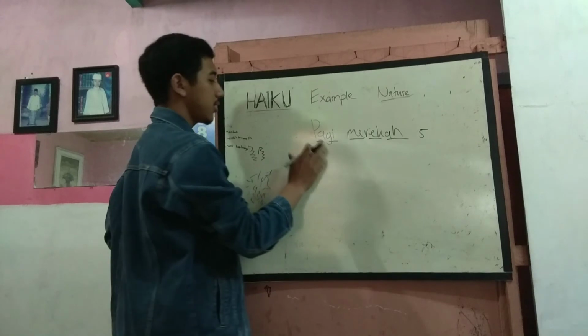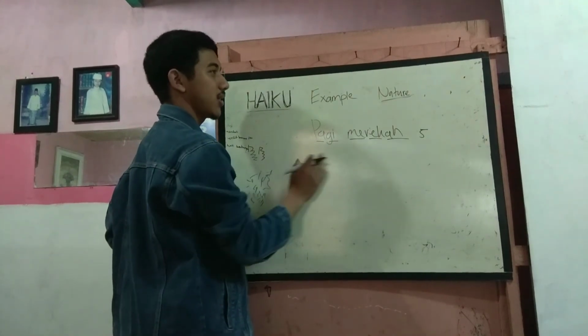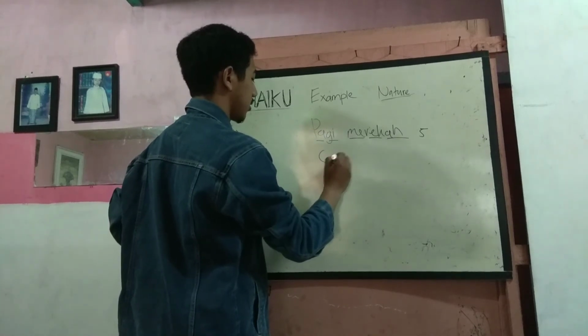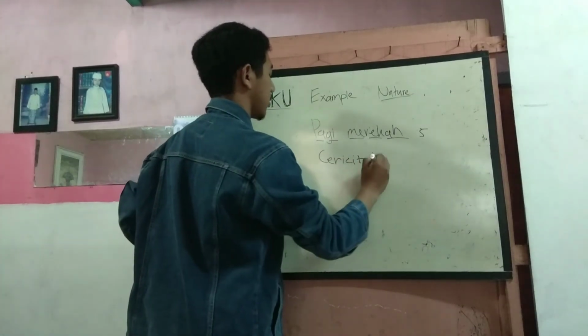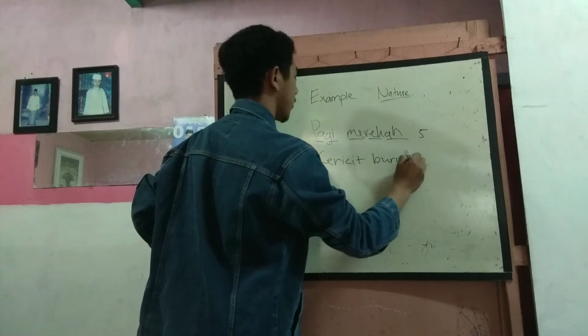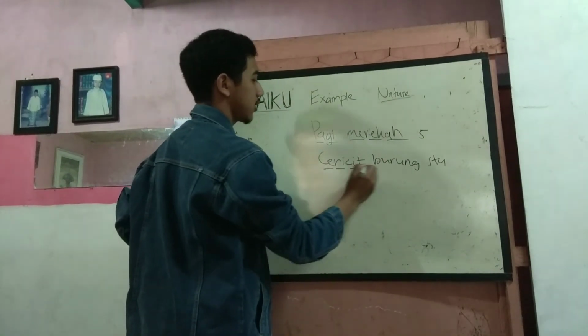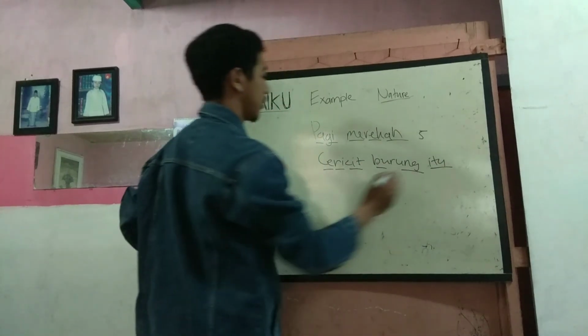And the second line we must have 7 syllables, like this: cericit burung itu.